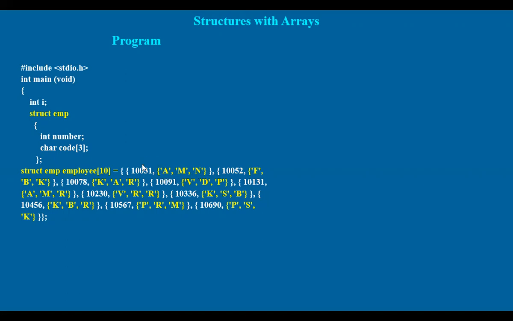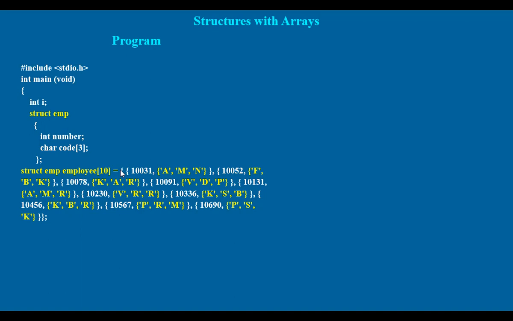Okay, and coming to the first one, from here to here, this is one element that is related to one employee's details. The number is provided. Because we want to define or declare the data in a clean manner, the curly brackets are taken inside.